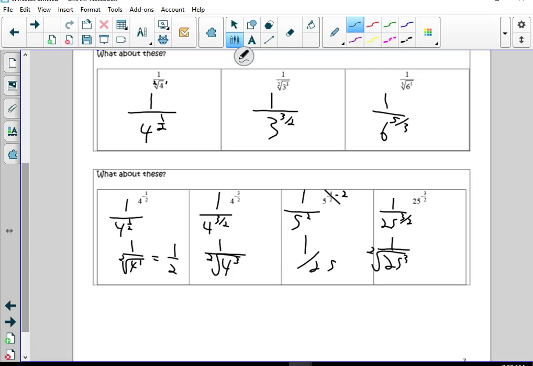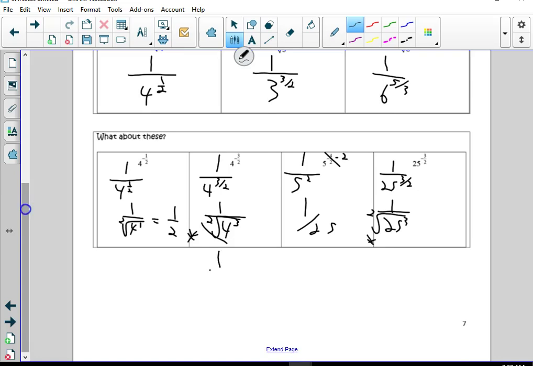Now hold on. I want to show you these two special. These two are special. Because, look, can't you take the square root of 4? What is the square root of 4? So this is really 1 over 2 to the 3rd, right? And then what's 2 to the 3rd?